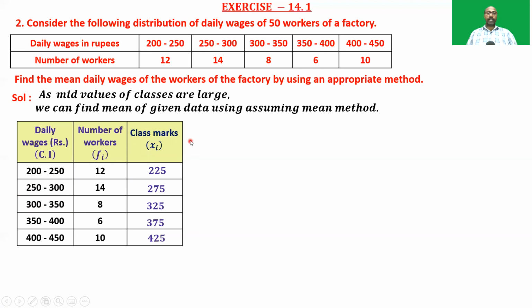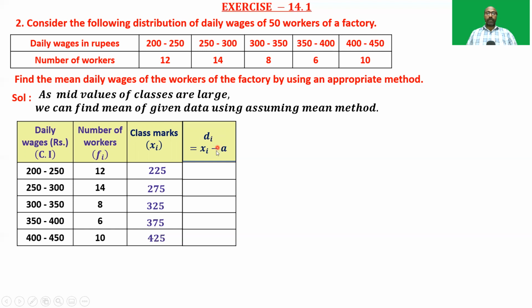And the fourth column in assumed mean method is di, which is equal to xi minus A. So we have to take a class mark as assumed mean. Let us take the middle one in these class marks, that is 325, as assumed mean.